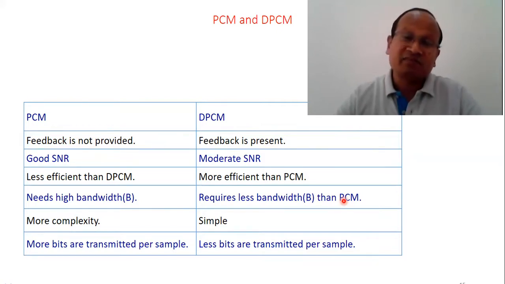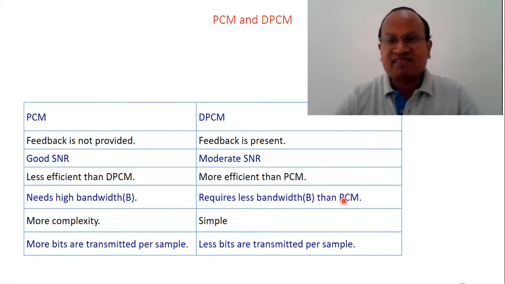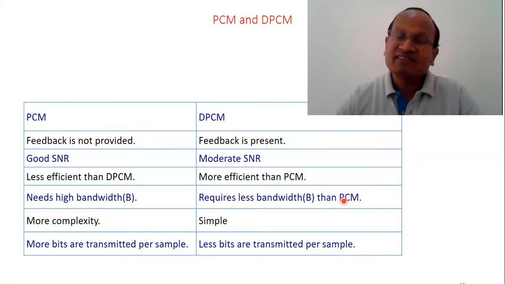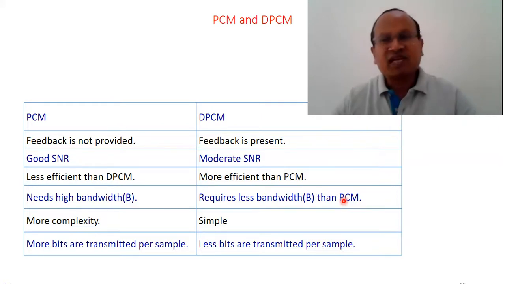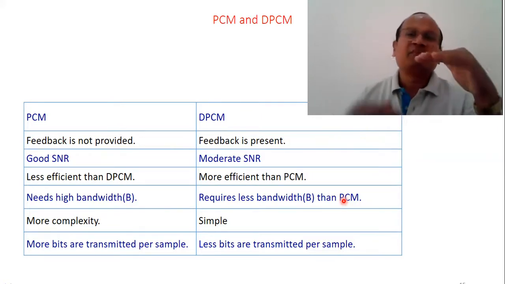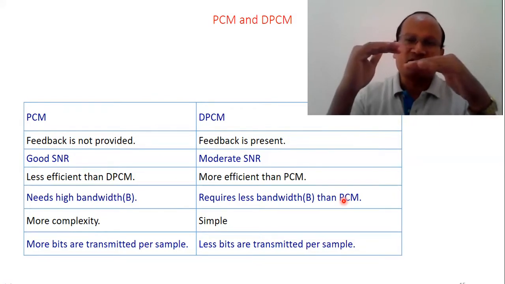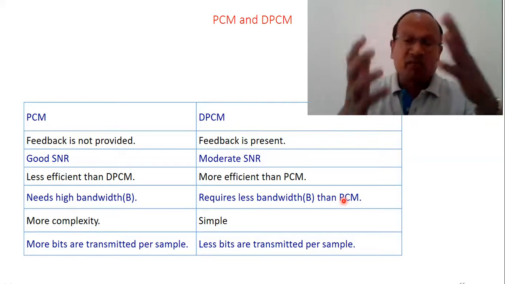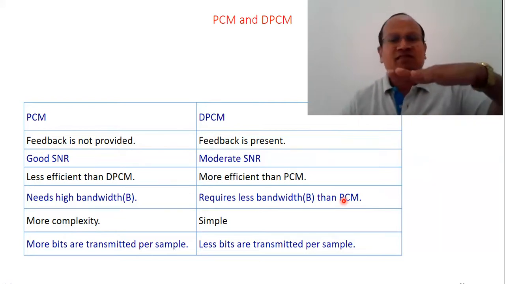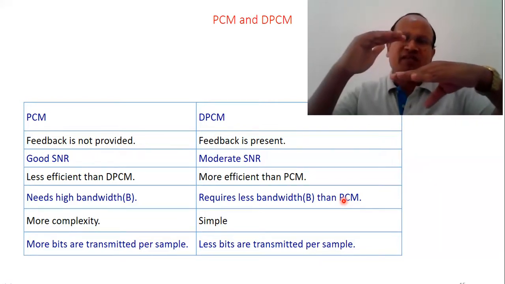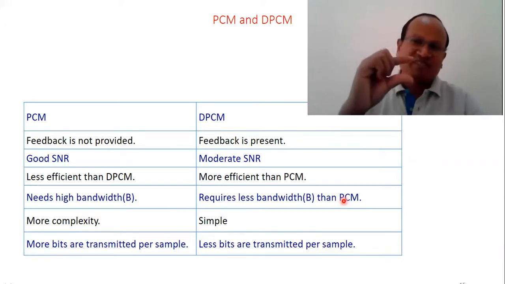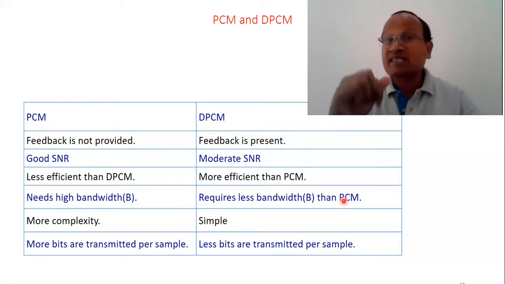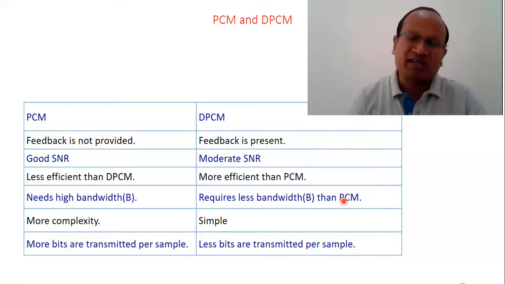In DPCM, all the samples are not encoded. Suppose the sample amplitudes are high, and there is one more higher amplitude. You will encode both. So how many bits will be required for this, and for this? Now let us take the difference. The difference is this much only. So for the difference, a lesser number of bits will be required.